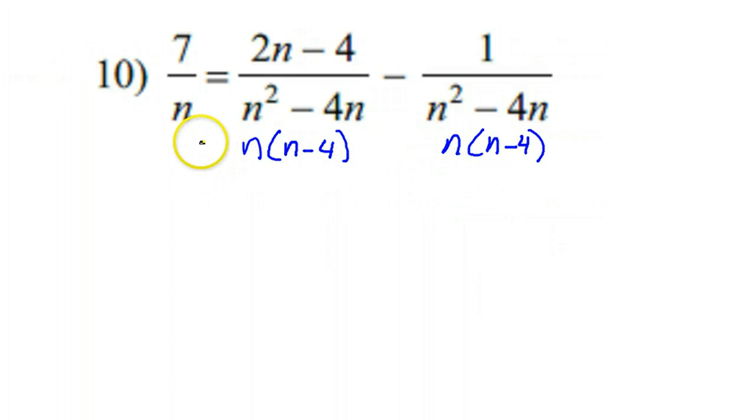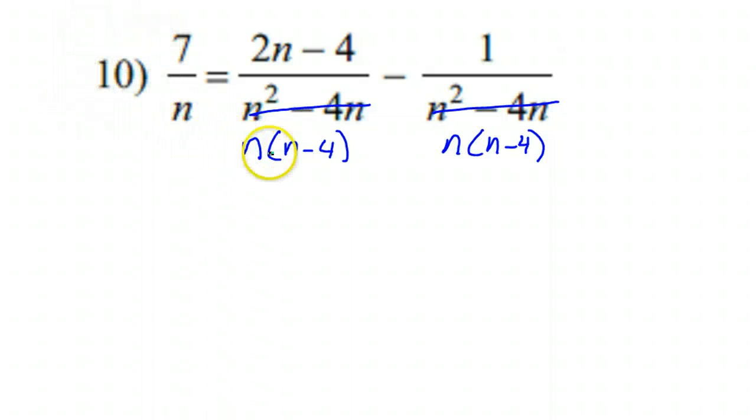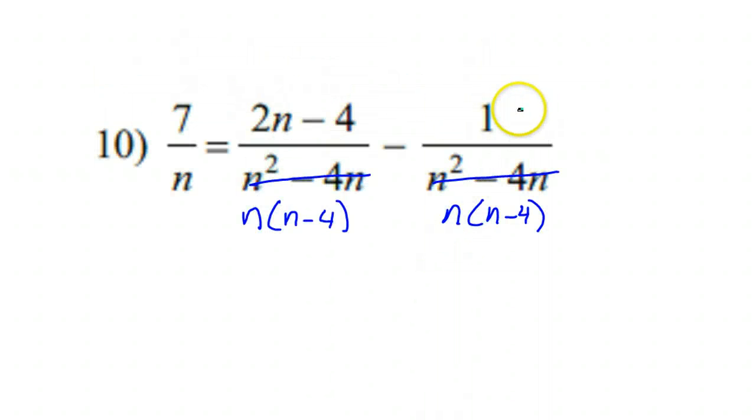Okay, all right, these have now been replaced. So the only factors I see are n and n minus 4. So that's what I'm going to multiply by.